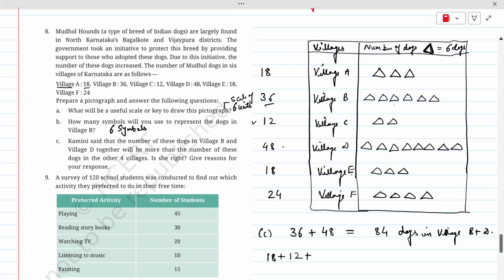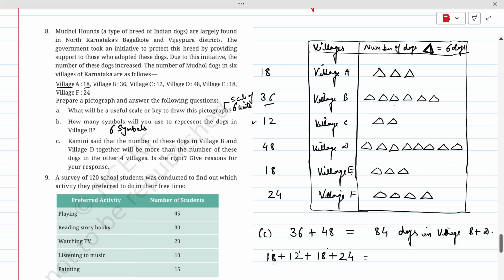D again we have to skip because we are using B and D. So the rest is 18, village E and village F. Right? What we have done here, we have taken the remaining villages. Village A 18, village C 12, village E 18 and village F is 24. So let's add this.